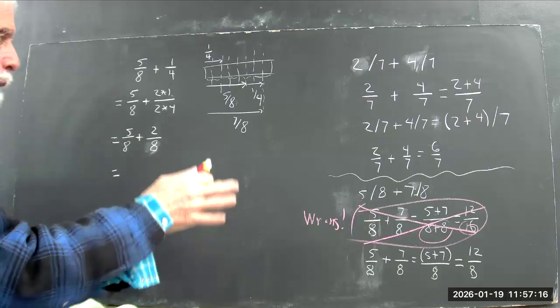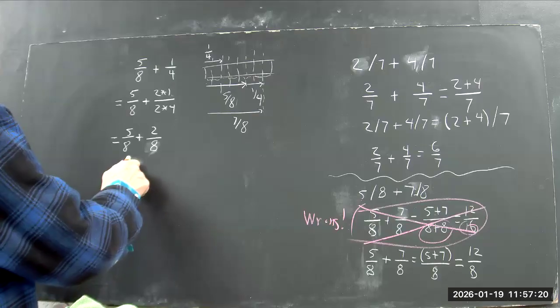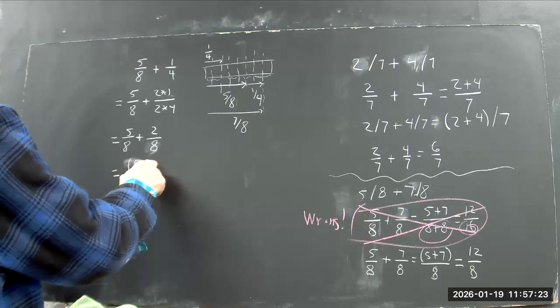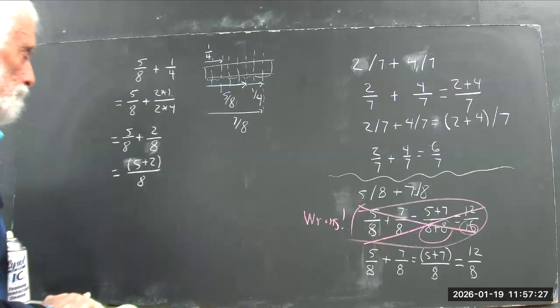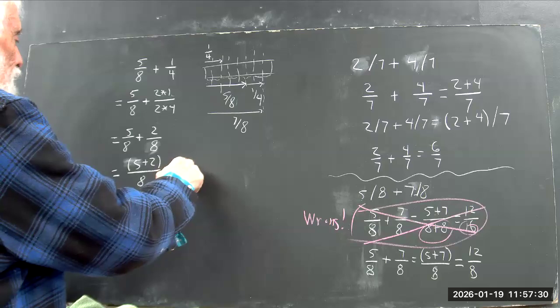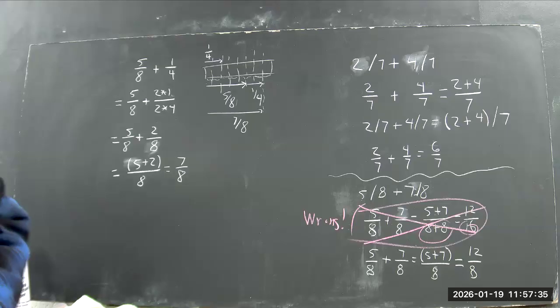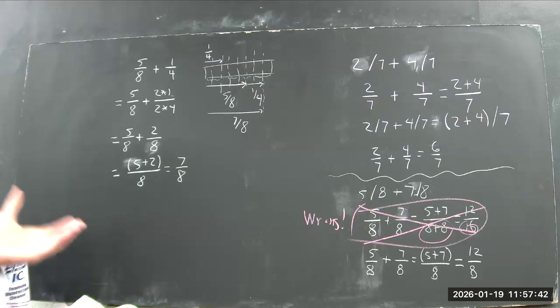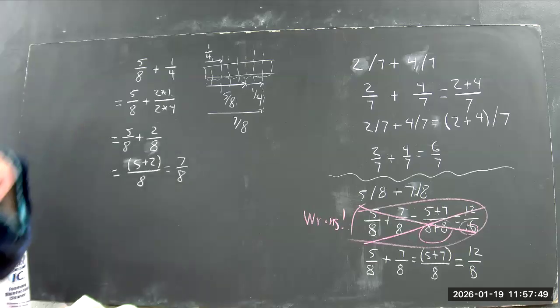And that, because of what we did earlier, must be quantity 5 plus 2 is the quantity slash 8, which is 7/8. Does that make sense? Now, that's not everything you need to know to get good at adding fractions. It's pretty obvious. If you multiply 4 by 2, you're going to get 8, right?